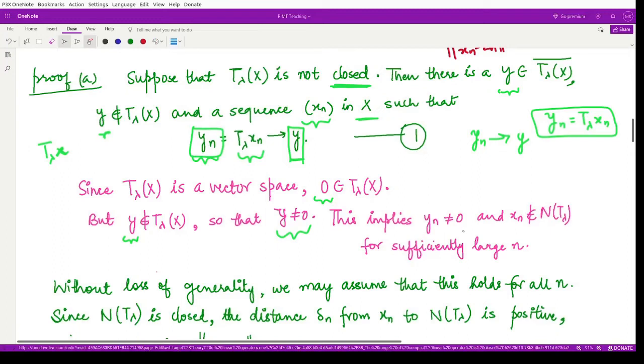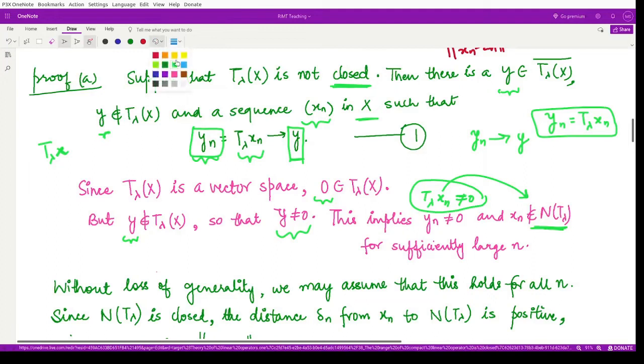So yn is also not 0. If yn is not 0, what was yn? It was t lambda of xn. So if yn is not 0, that means t lambda of xn is not equal to 0. If this was 0, using the definition of null space we would say xn belongs to the null space. But because this is not 0, by the definition of null space we would say xn is not in the null space of t lambda. So this is the second point that we have.